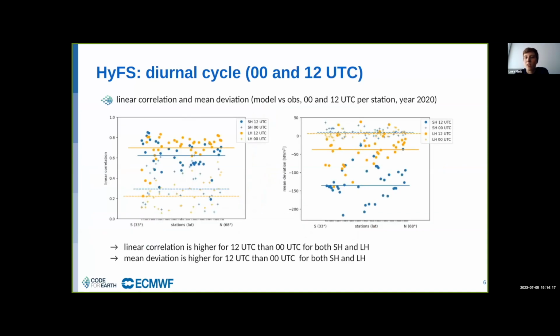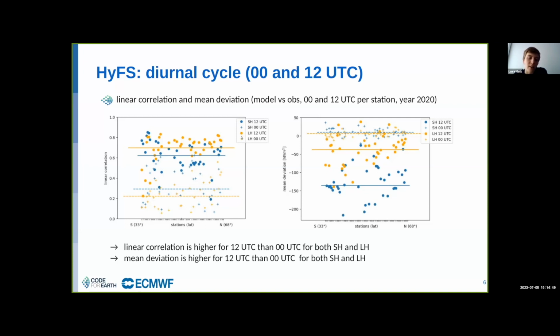Then let's start to look at some results. Here we look at 0 and 12 UTC values. They should be an example for showcasing the diurnal cycle. We look at a station and then the nearest grid point in the model. On the left side, you can see the linear correlation on the y-axis, and on the x-axis the stations sorted by their latitude, from the southernmost to the northernmost station.